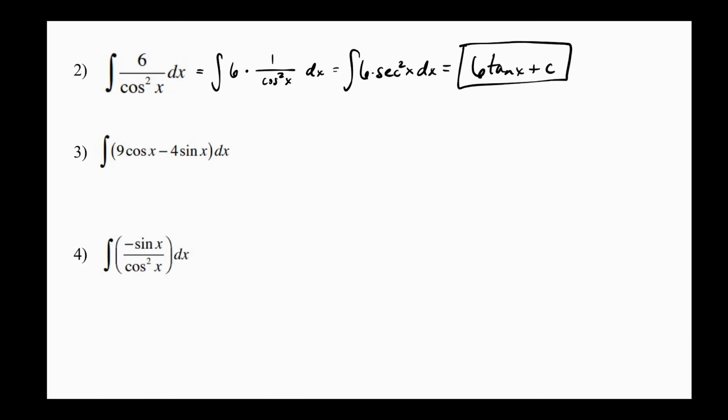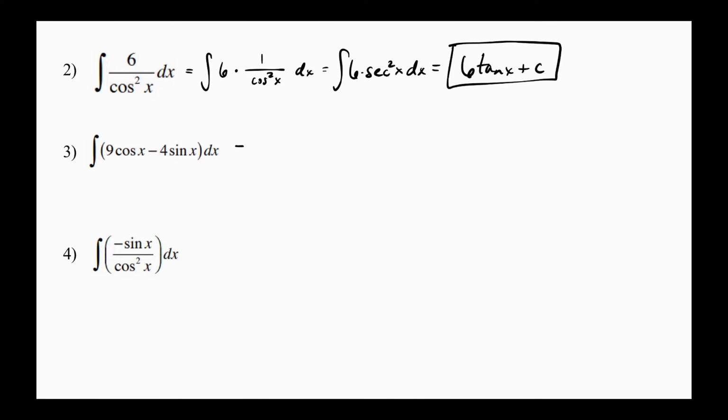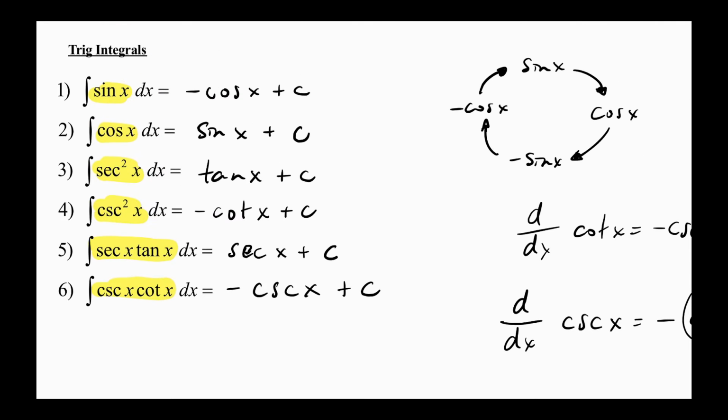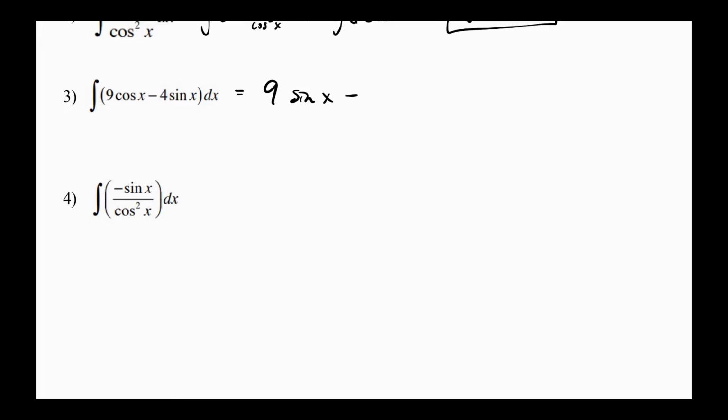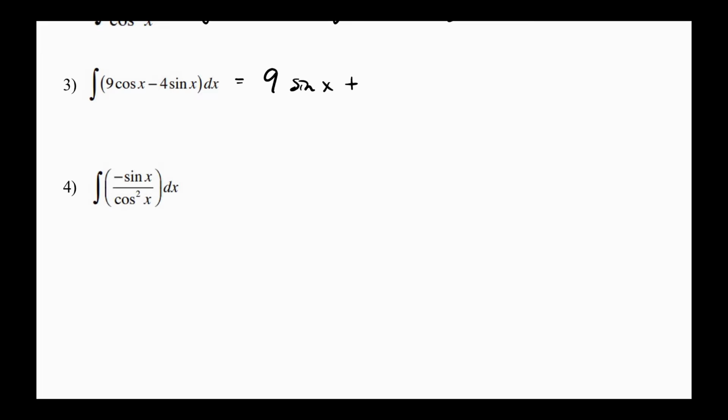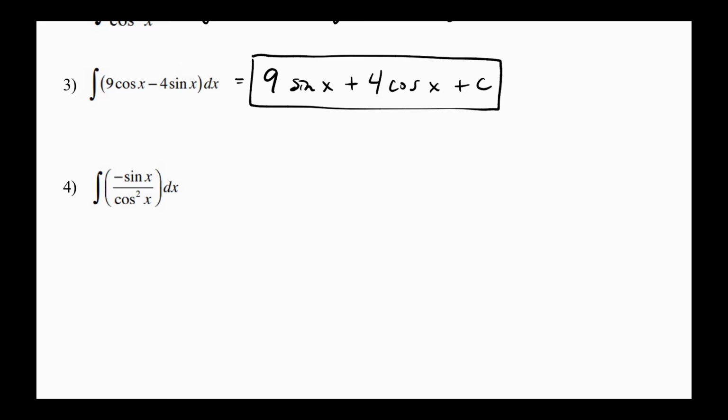So it would be 9 sine x minus, and then the antiderivative of sine is negative cosine. So it's already a minus, so I'm going to make that a plus for cosine x plus c. Okay.